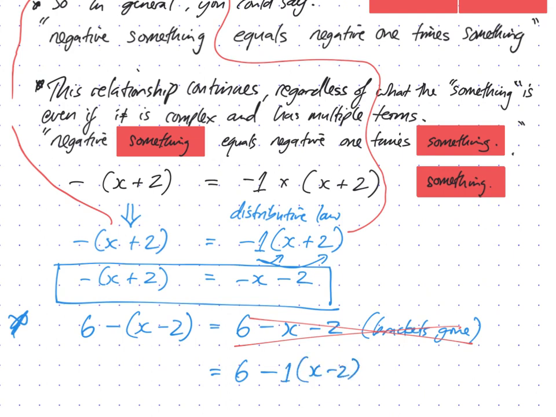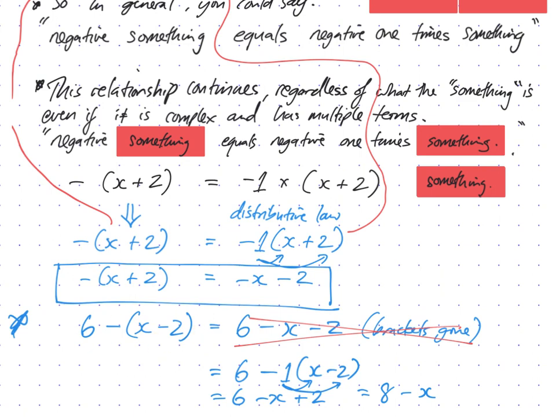And now you're not going to make the mistake of not distributing the negative, because you can see that it's distributive law. So you're going to go 6. What's negative 1 times x? Negative x. What's negative 1 times negative 2? Positive 2. And now you can get the correct answer. 6 plus 2 is 8. And negative x remains, so 8 take x. That's the actual answer to this.